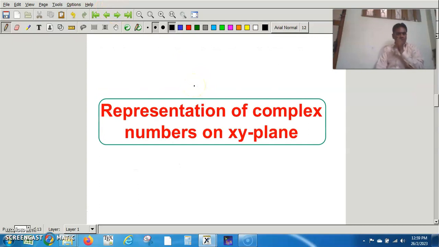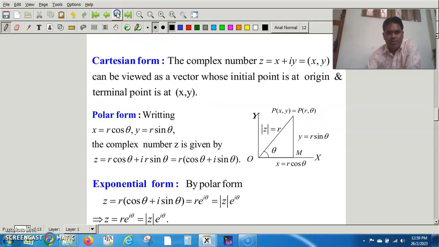Now, most important thing: how do we represent complex numbers in the xy plane? As I have already told you, complex numbers can be represented as an ordered pair. If z equals x plus iy is a complex number, then it can be written as (x, y), and this can be viewed as a vector whose initial point is at the origin and the terminal point is at (x, y).